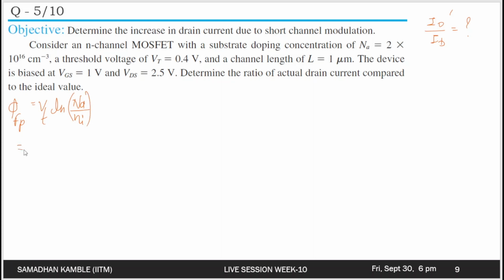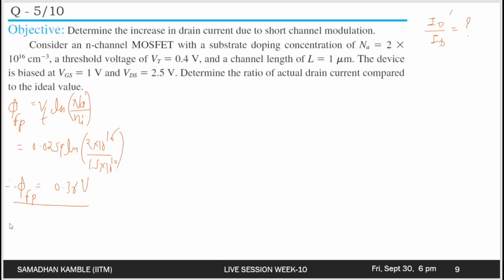In our case, Vt is 0.0259 times ln of Na, which is 2 times 10 to the power 16, divided by Ni, which is given by 1.5 times 10 to the power 10 per centimeter cube. So we'll get the value of phi fp as 0.36 volt. So this is one of the parameters.